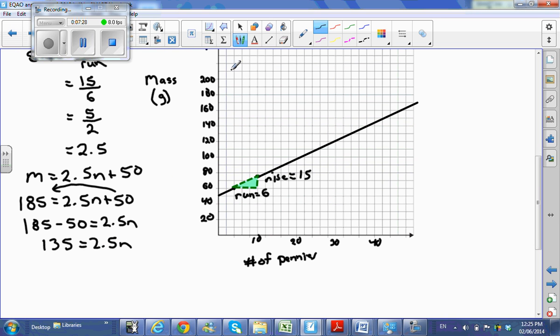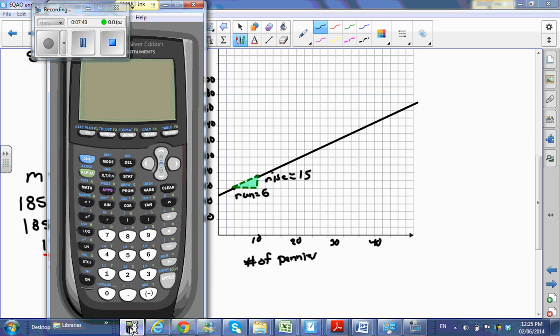And the final thing we need to do is divide both sides by 2.5. So we end up getting n equals 135 divided by 2.5, and we get 54. Okay.